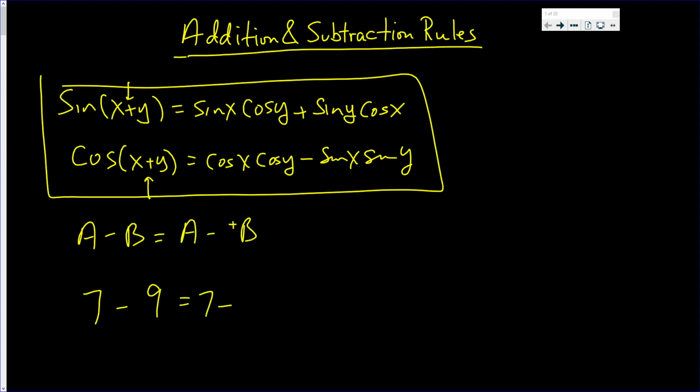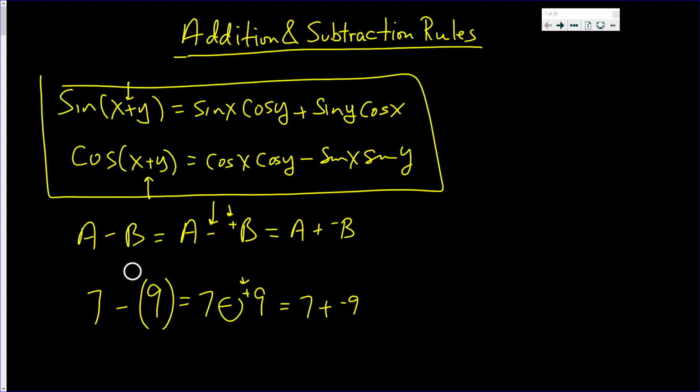There's a rule for addition and subtraction. You can change the operation to the other as long as you change the sign of the second number. This is the same as 7 plus. I changed that and I'm about to change that. You can change subtraction to addition anytime you want.